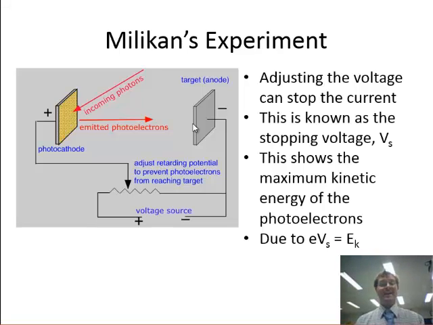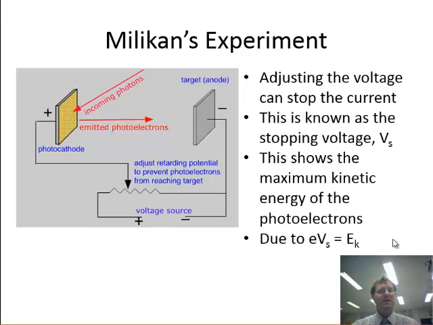Because if they had any extra energy, it would allow them to overcome the voltage and make it to the anode and create a current flowing round. He found that there was a certain voltage, the stopping voltage, and that stopping voltage multiplied by the charge of one electron would tell us the maximum kinetic energy of any of these electrons. Now that was kind of interesting and kind of useful.